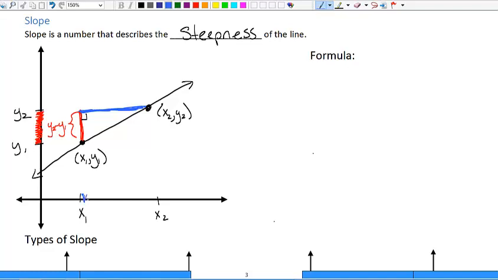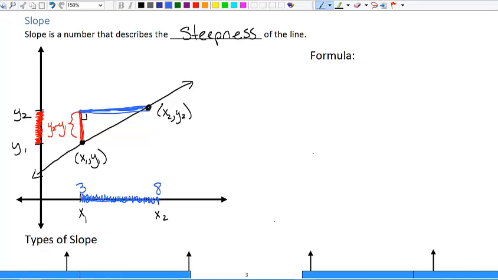Same on the blue. What's the distance of the blue? Well, the distance of the blue is the distance between x1 and x2. I just moved the blue line here down to here, and I want to know what's the distance between x1 and x2. Again, people have a hard time with that. What if I told you that this one was 3 and this one was 8?